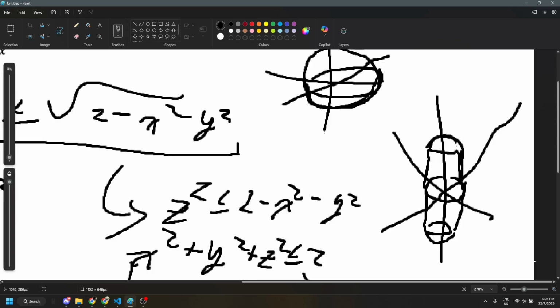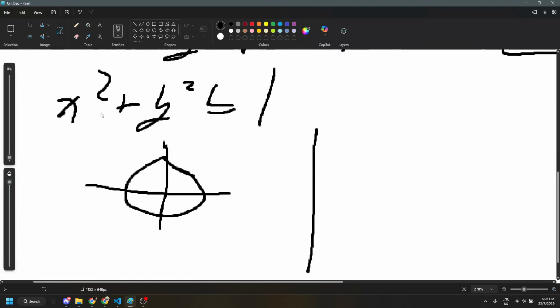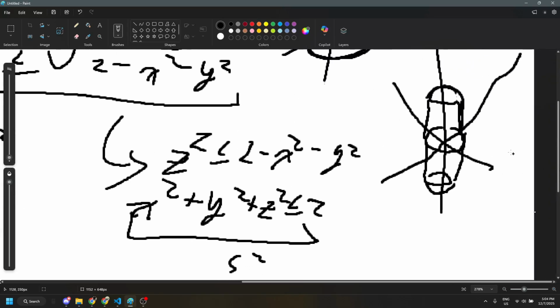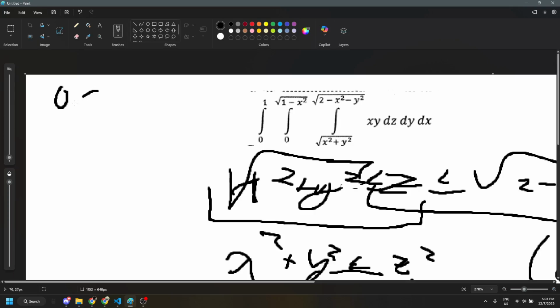Okay, then we know that x is from 0 to 1. So it's only this part that counts. We have to disregard, if this is the y-axis, there's only this half. So we know 0 is less than x is less than 1.